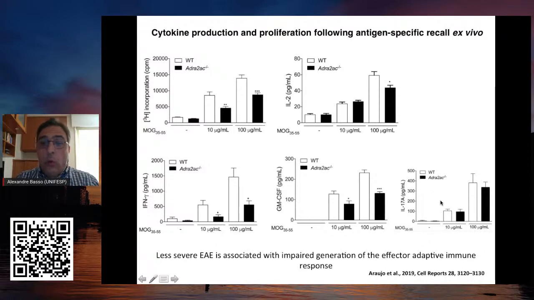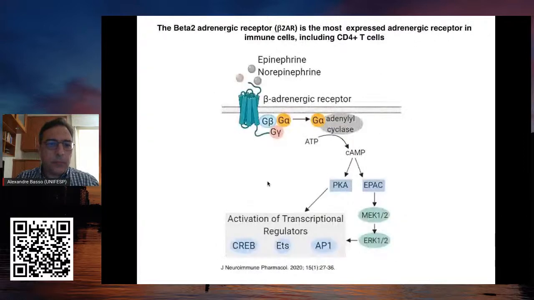And once again, we didn't find any difference in IL-17A. So less severe EAE in those animals is associated with an impaired generation of the effector adaptive immune response, so the encephalitogenic immune response that is responsible for EAE development in those animals.